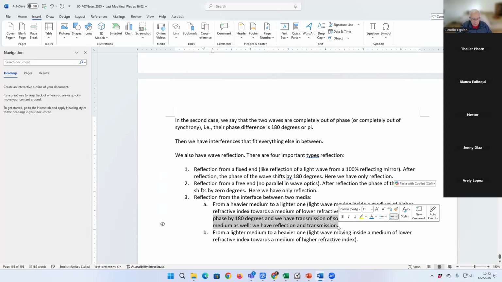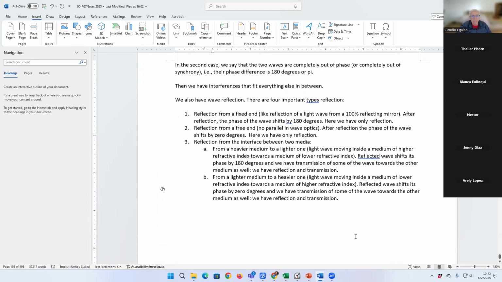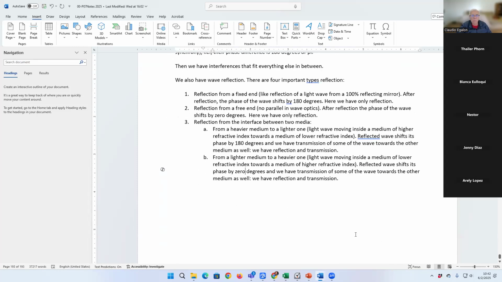The other one: the reflected wave shifts its phase by 0 degrees, and we have transmission of some of the wave towards the other medium as well. Similarly, we have reflection and transmission. Four important types of wave reflection.